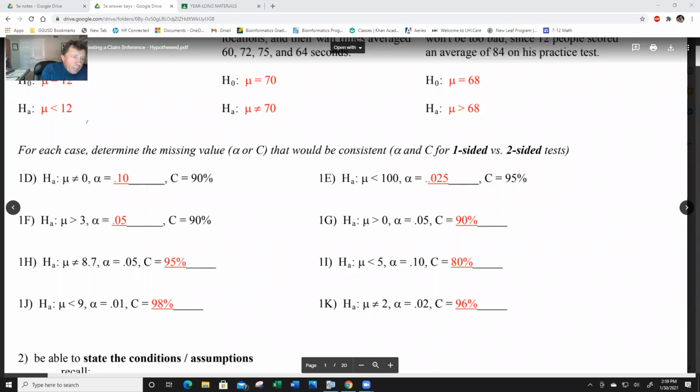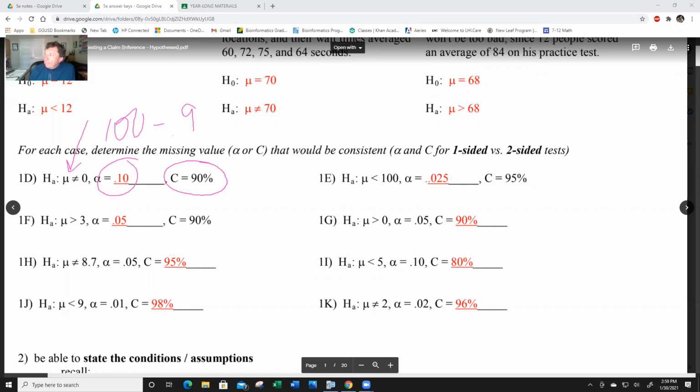So this is two-sided language. And if the confidence level is 90%, if you ran a test with an alpha level, you would just go 100 minus 90. Alpha is 10%, the 10% level. Now let's go to E over here.